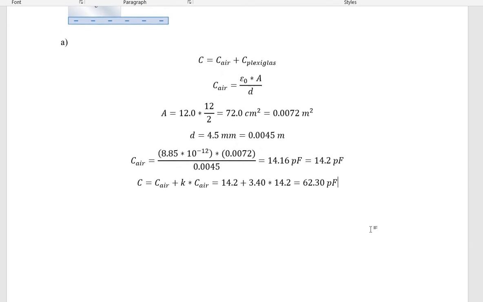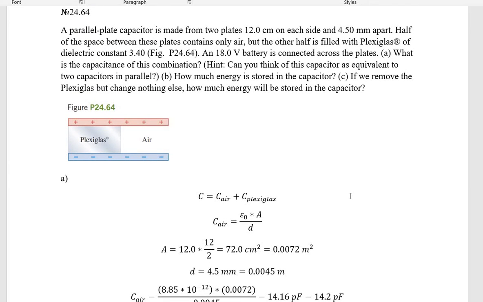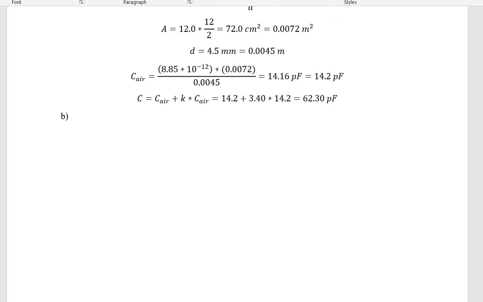the given combination. In part B, we have to find how much energy is stored in the capacitor. So basically, we simply use the formula of energy, which is U equals 1 over 2 multiplied by C multiplied by V squared. And all these values we have already obtained, and the value of V is given in the initial problem.